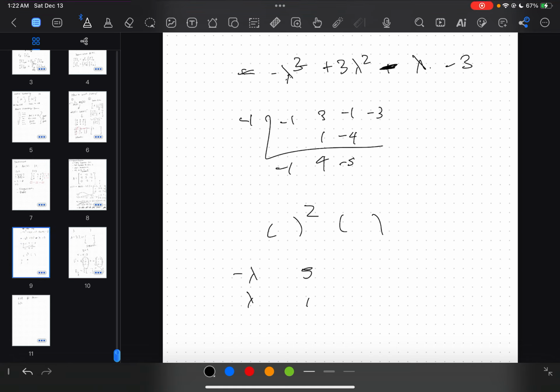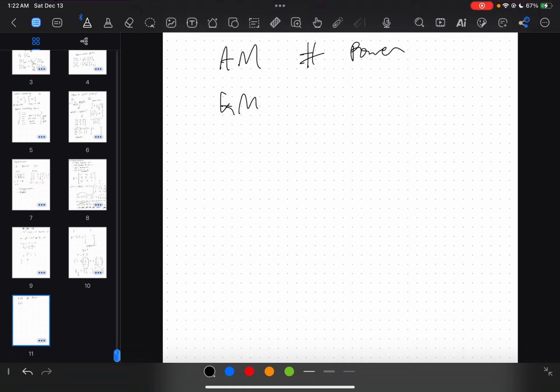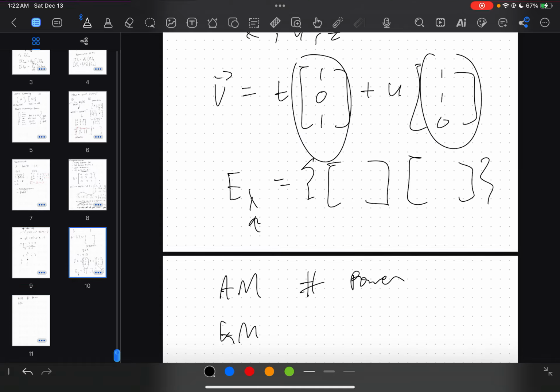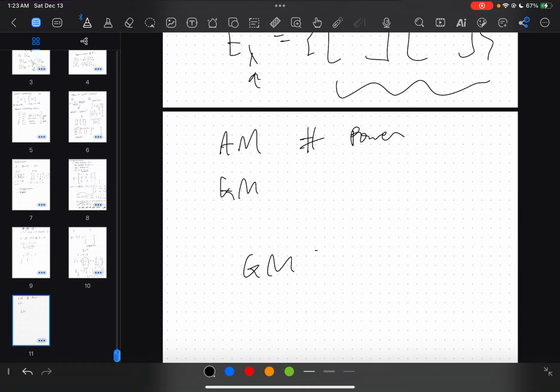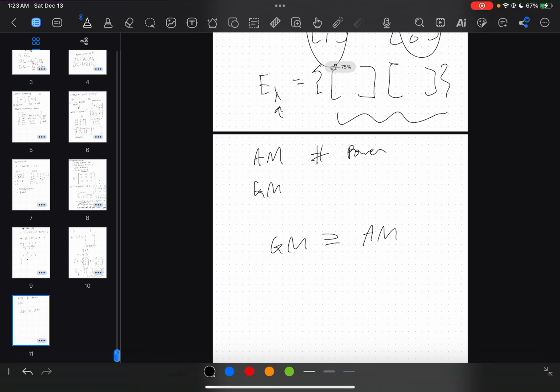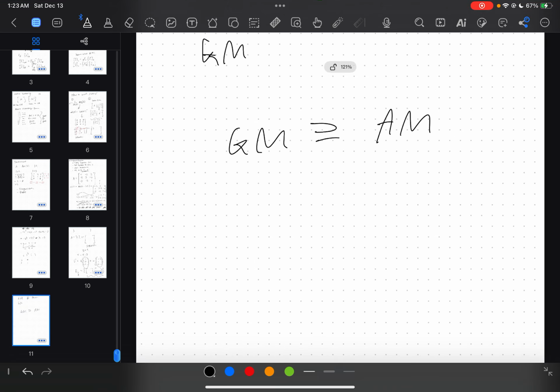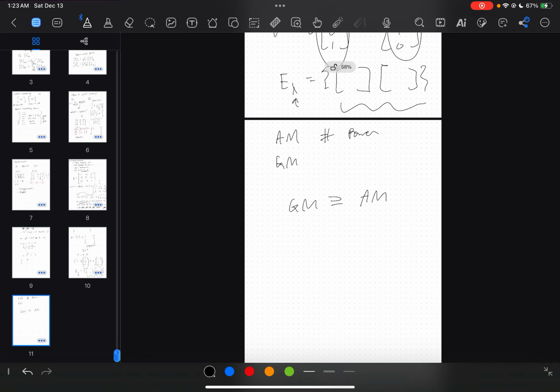This one would be 2, this one would be 1. For geometric multiplicity, it's how many are in here. So we should always have geometric multiplicity greater than or equal to algebraic multiplicity. If it's not, then the matrix is not diagonalizable. There's a word for it. I forget what the word is.